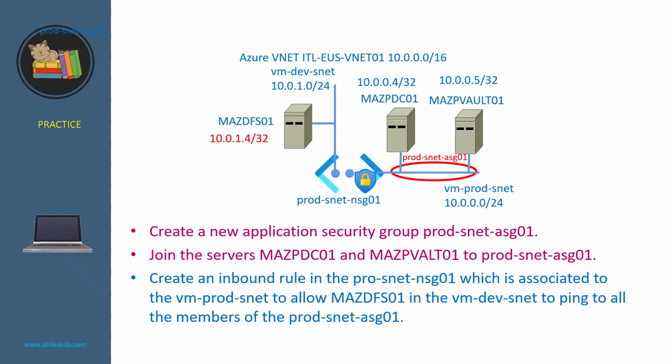Finally, we will create an inbound rule in the production subnet network security group, which is associated to the VM production subnet, to allow the file server in the VM dev subnet to ping all the members of the production subnet application security group.